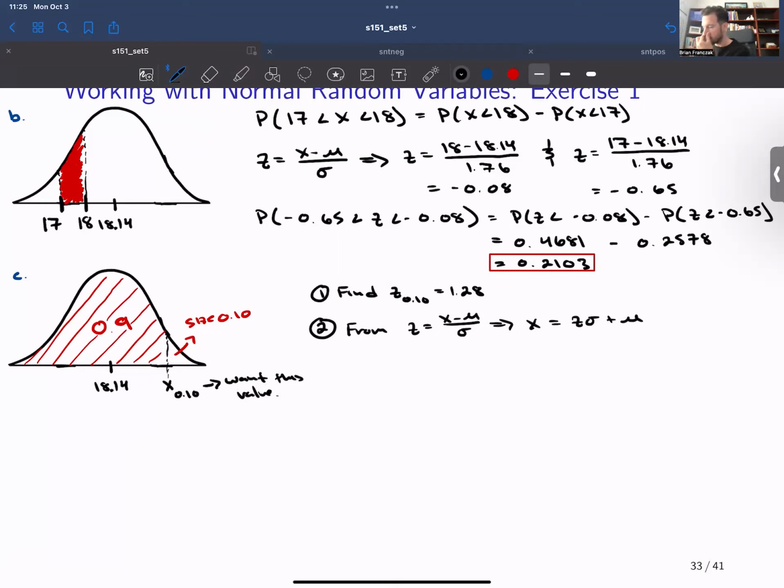And these steps are given up a few slides back. So that means that x 0.10 is equal to 1.28 times 1.76 plus 18.14, which is equal to 20.393.